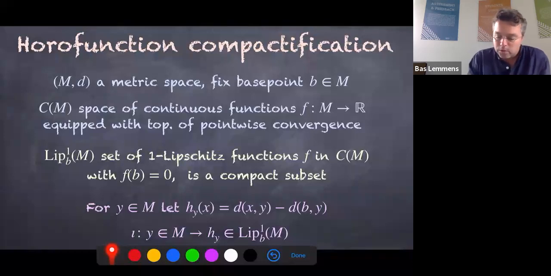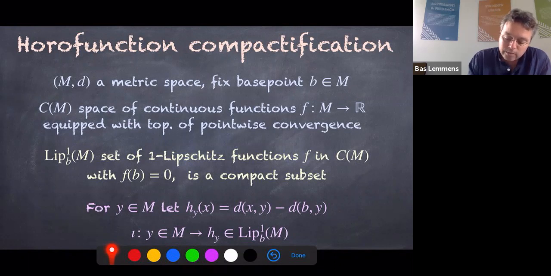We fix a base point b in our metric space, and then we embed this metric space in the space of continuous functions on M, and we equip it with the topology of pointwise convergence. And then inside this space of continuous functions, there's the set of Lipschitz 1 functions which vanish at b, so evaluated at b, we get 0.